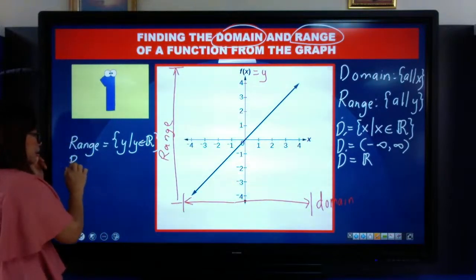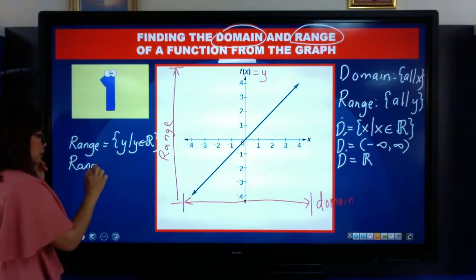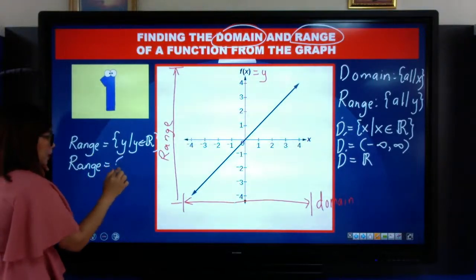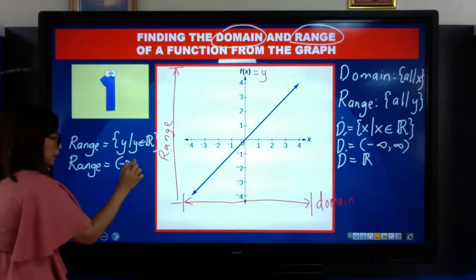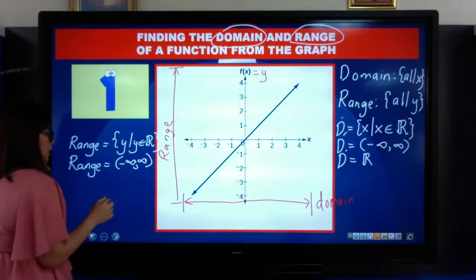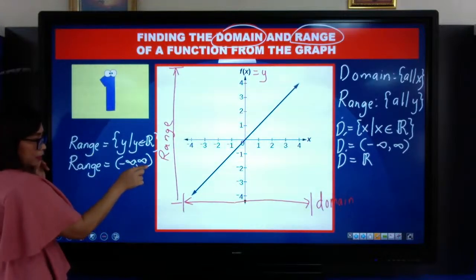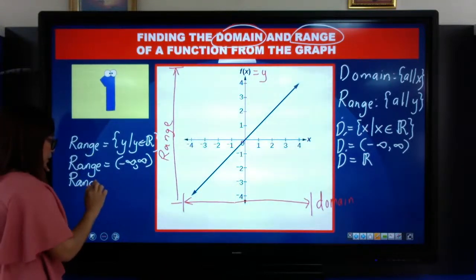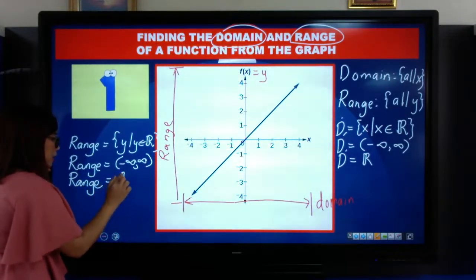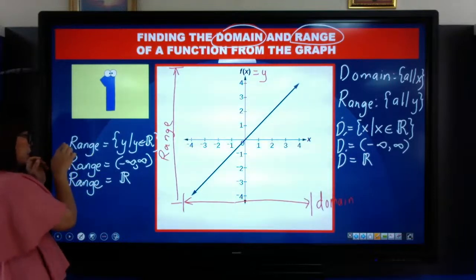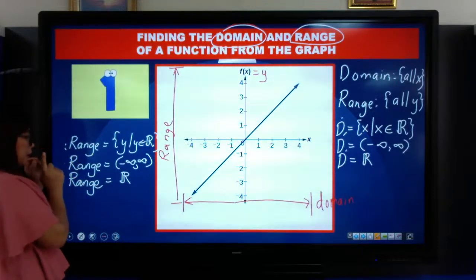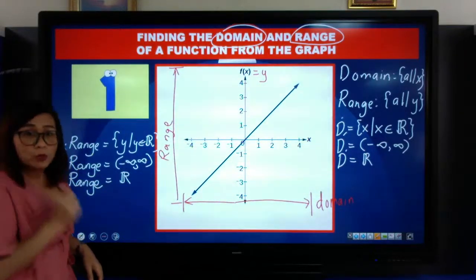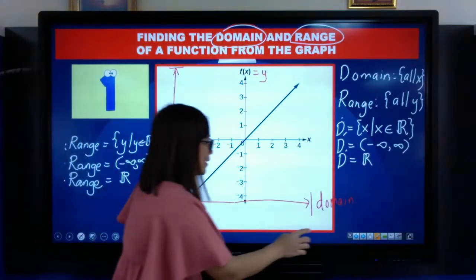Or you can write the range as open interval, negative infinity, comma, infinity. Or you can also write the range as just letter R. If you write this, it's okay. If you write like this, okay. You choose one.